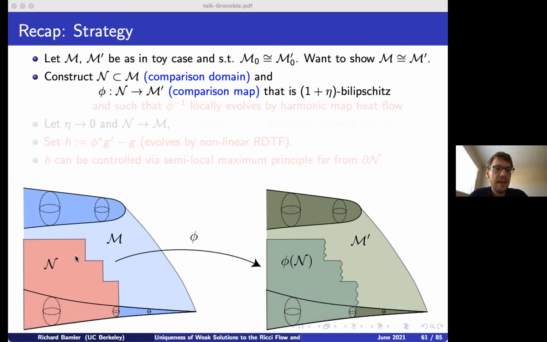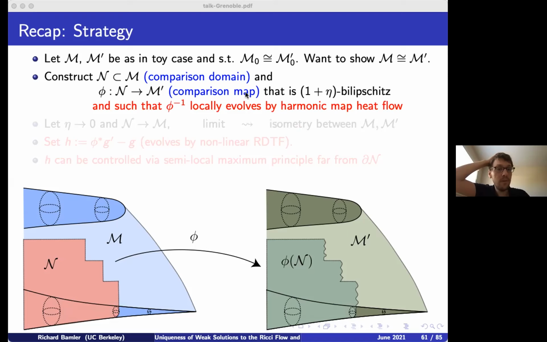So we'll define a comparison domain N, and then we'll define a map phi from N into M prime that is 1 plus eta bi-Lipschitz for some small eta. What we've learned from the non-singular case was that it seems to make sense that the inverse of phi should evolve by harmonic map heat flow.